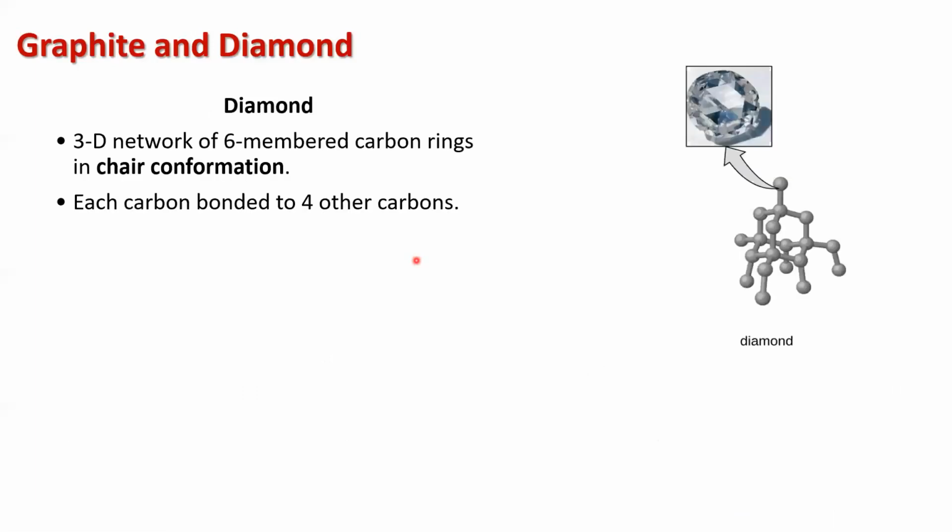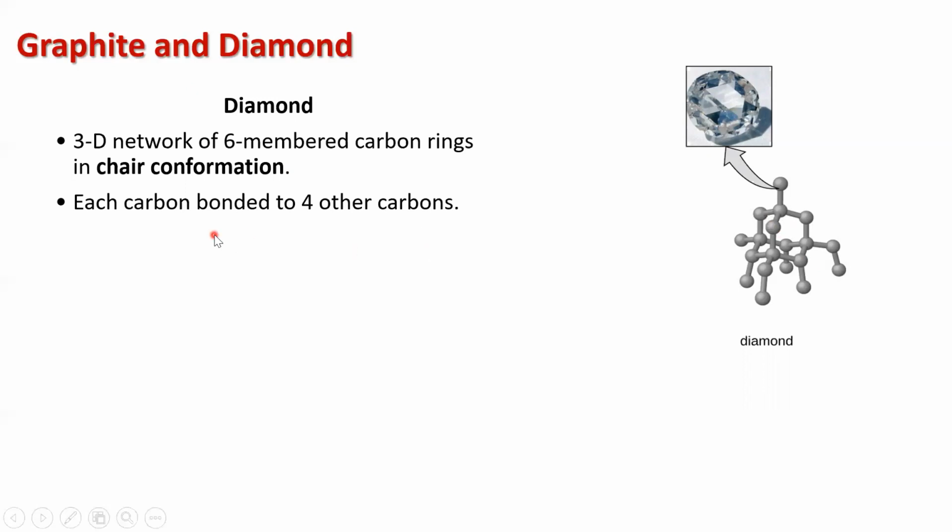So if we look at diamond, diamond is a 3D network of carbons, 6-membered carbon rings in what's called a chair conformation, but you'll see that more when you go into organic chemistry, if you take that class in the future.